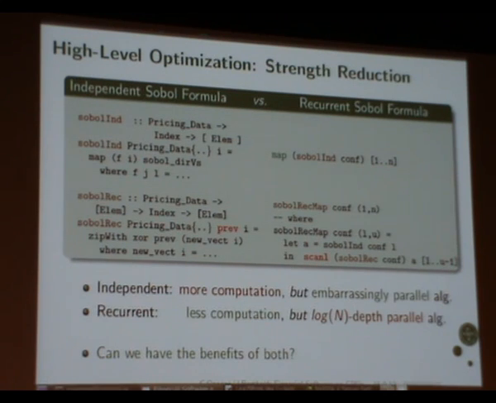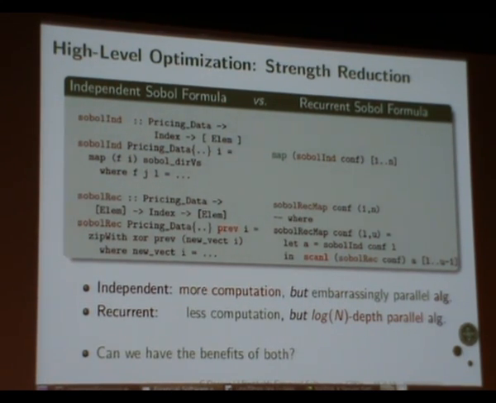So this is much lighter than this one, but this one corresponds to an embarrassingly parallel algorithm if you are writing something like map of Sobol independent on a range in the current iteration. This will give you an embarrassingly parallel algorithm, but it involves more computation, while you can still write it in parallel by, for example, using the recurrent version by taking Sobol independent for the first number and then computing the rest with a prefix sum, with a scan, with the Sobol recurrent formula.